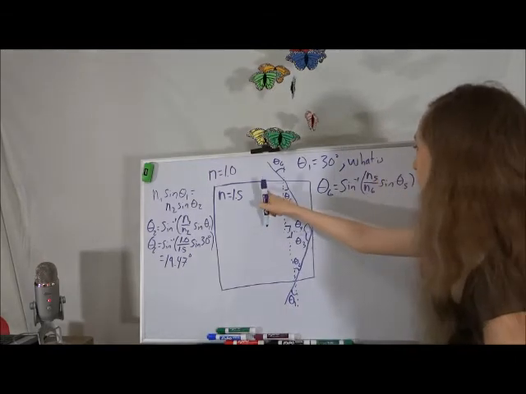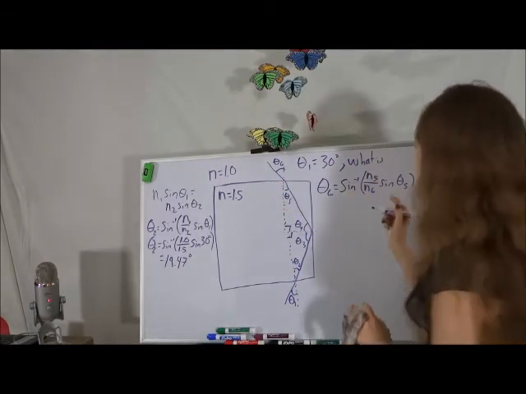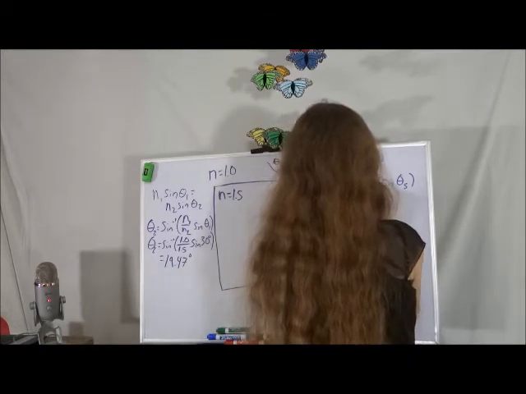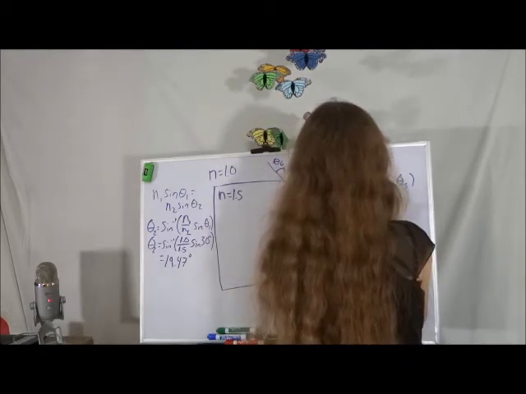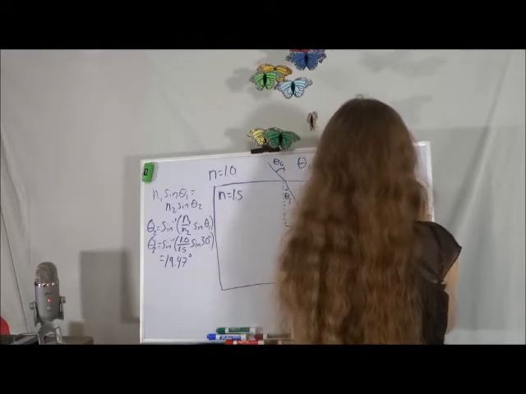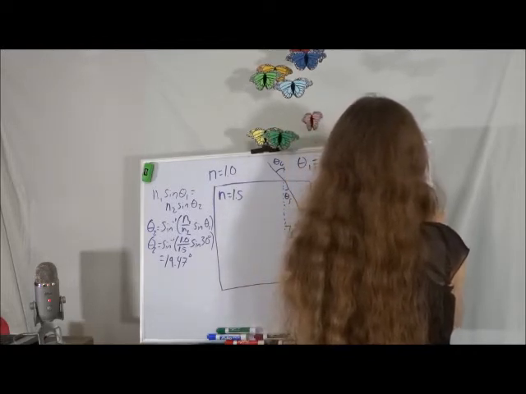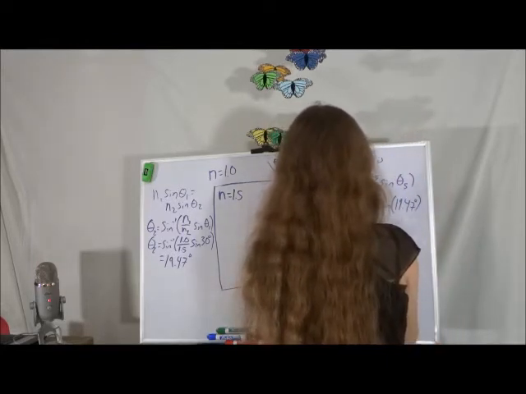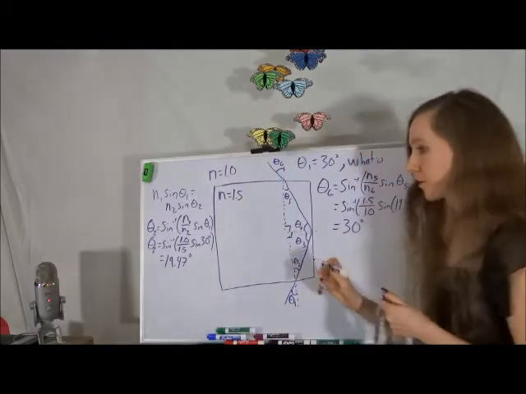We're going from glass to air here, so it's going to be arc sine of 1.5 over 1 sine of 19.47 degrees. So this is going to work out to be 30 degrees.